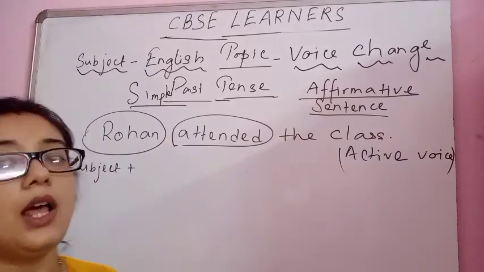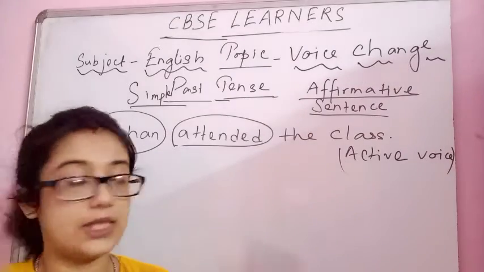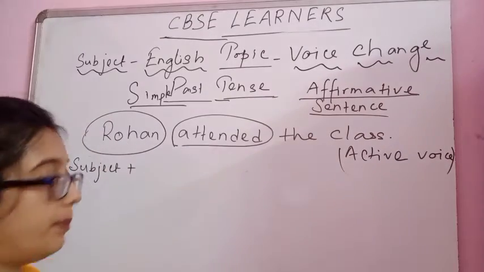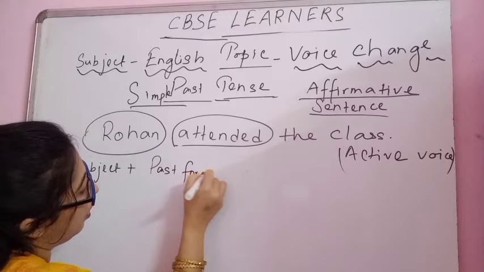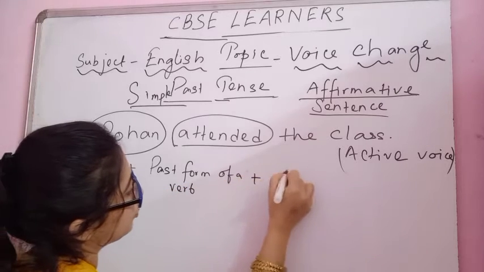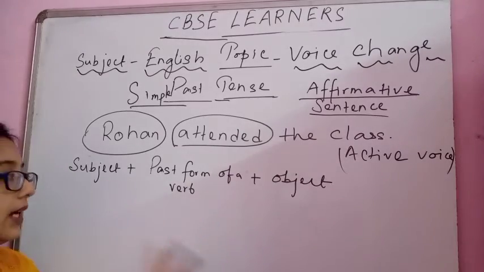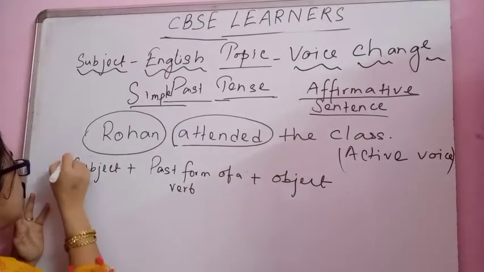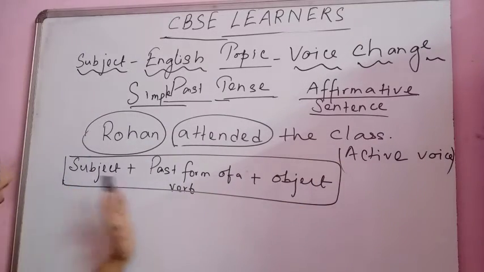Some people call it the second verb form, but this is the past form of the main verb, plus object. So Rohan attended the class: subject plus past form of a verb plus object. This is in case of active voice.